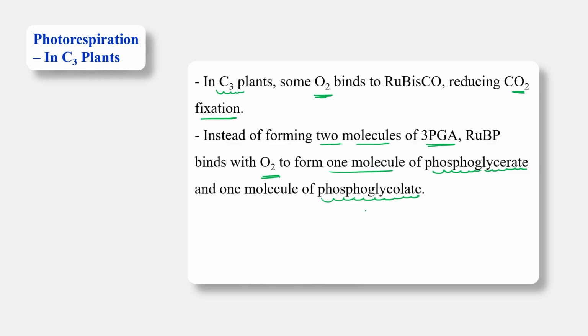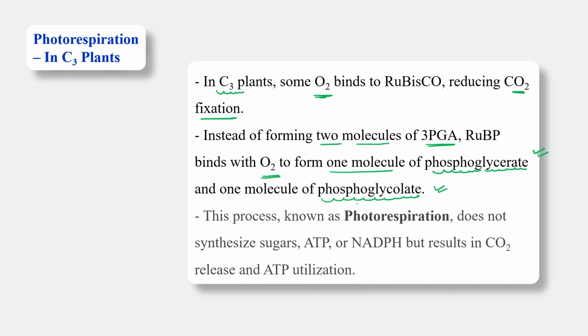So rather than forming 2 molecules of PGA, it binds with oxygen if oxygen is present more in the environment, and forms 1 molecule of phosphoglyceraldehyde and 1 molecule of phosphoglycolate in the case of C3 plants.